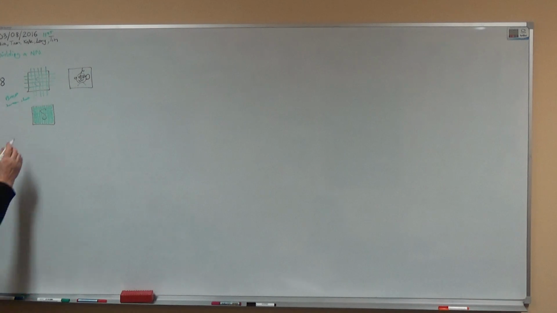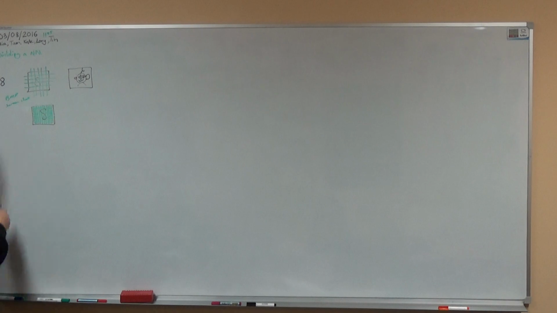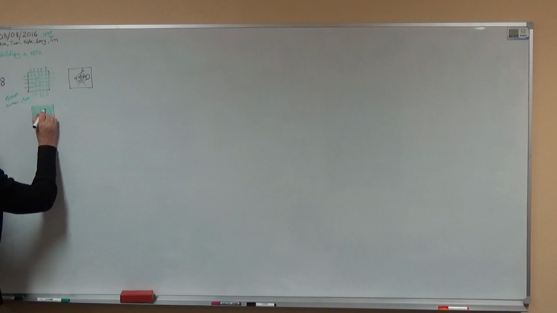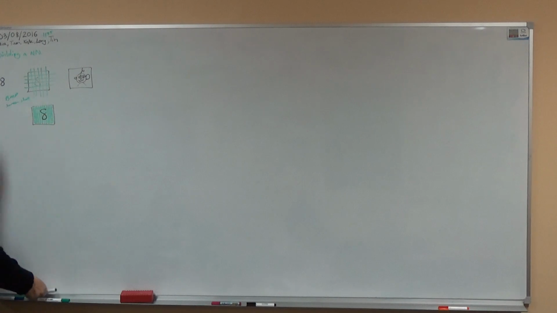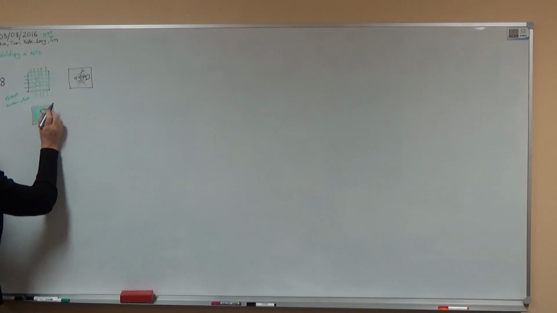All right, so let's look at pixel number 3. I'll do that a bit thicker, so you can see it on the camera. One, 2, 3, 4, 5, 6, 7, 8.